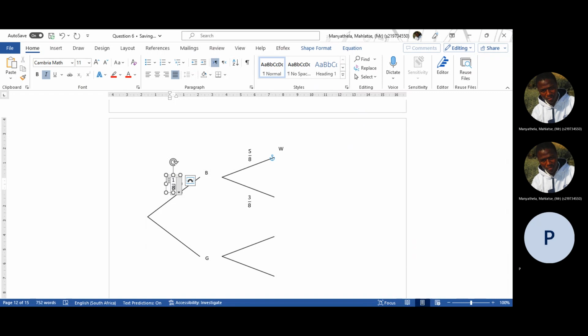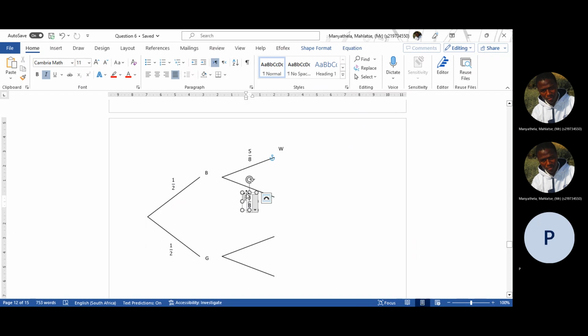It's either you will select blue or you will select green, which is 1 over 2. This 1 over 2, we carry it down.